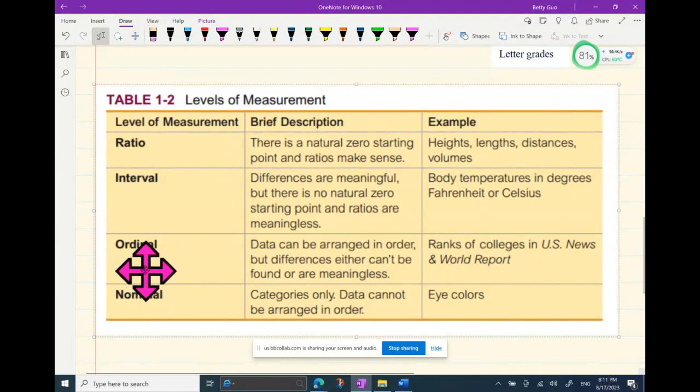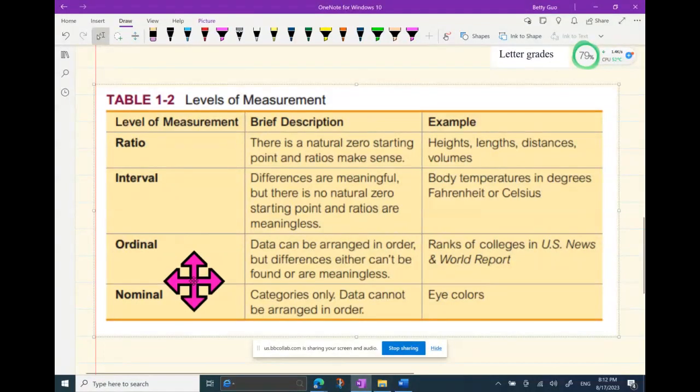I'm going to start from ordinal and nominal. Ordinal, especially the first 3 letters, ORD, same as order.